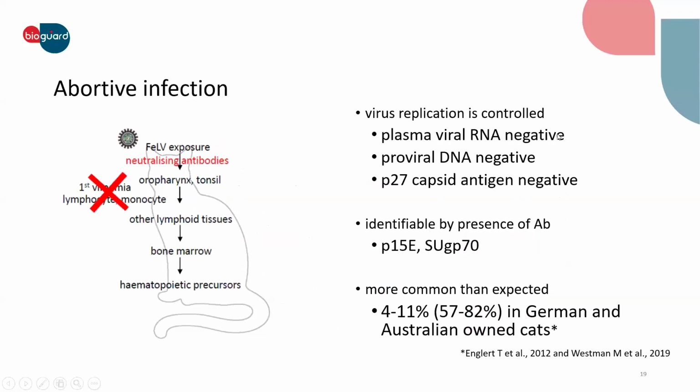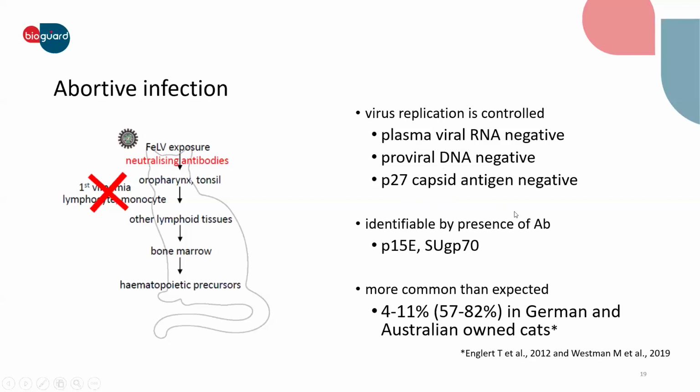Plasma virus RNA needs to be detected by reverse transcription PCR, while provirus DNA is detected by PCR. And P27 capsid antigen will also be negative because there's no virus replication at all.